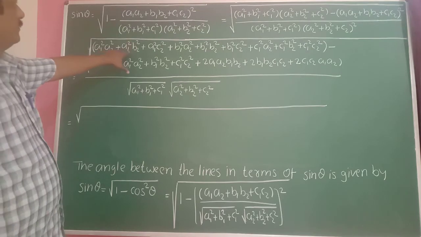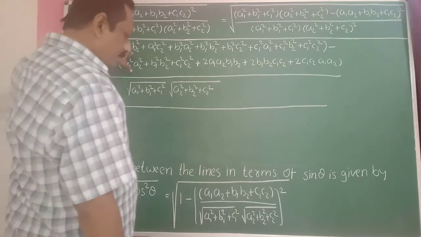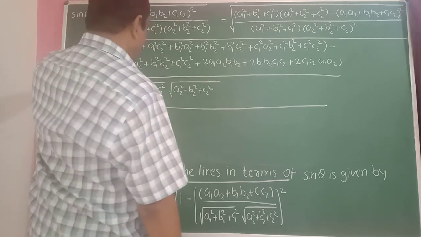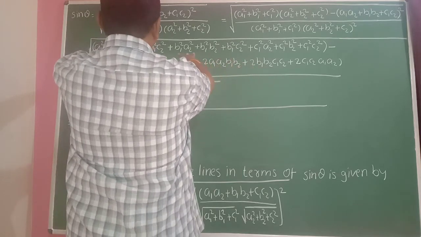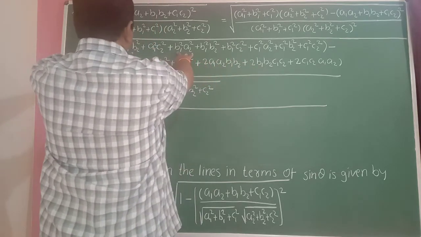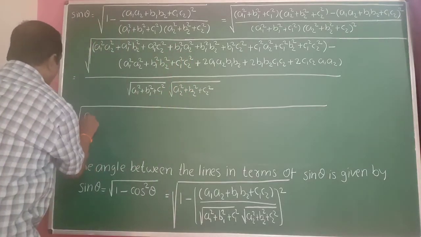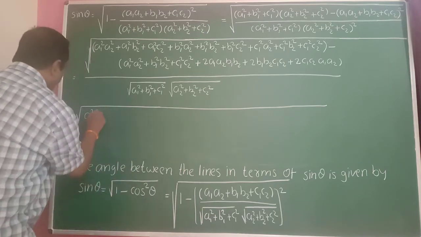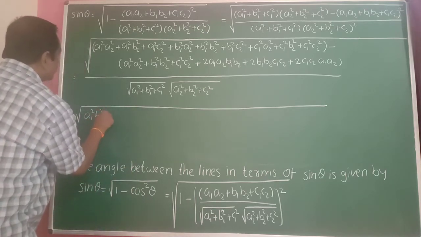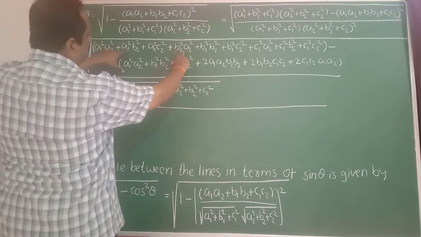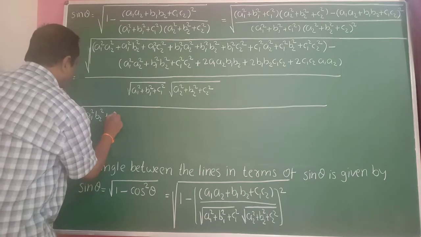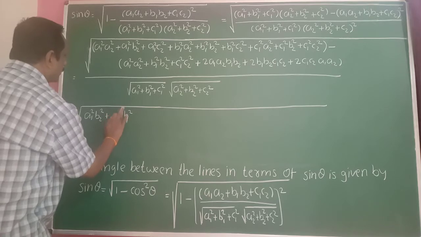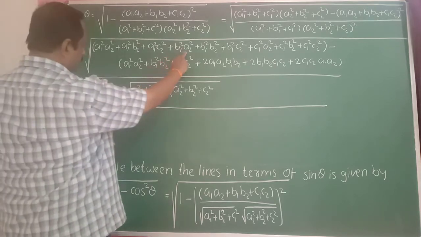Then root of, again taking the square root here, a1 square b2 square plus a1 square into b2 square, then plus b1 square a2 square, or a2 square b1 square, a1 a2 b1 square.